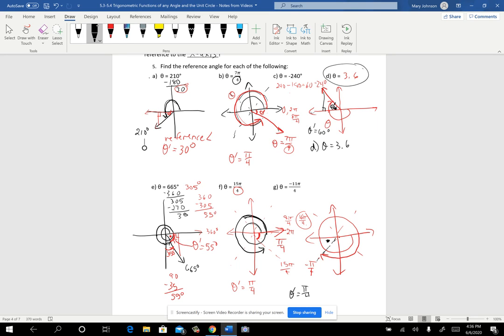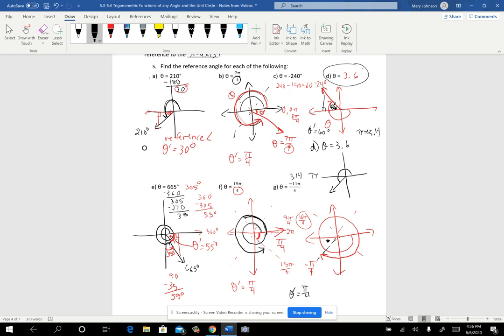And I think that's hard sometimes to think about because you don't have a pi on it. But remember how pi is about 3.14 and how this is pi? Well, so that's about 3.14. So 3.6 should be around here, and then it should be past that some, okay?